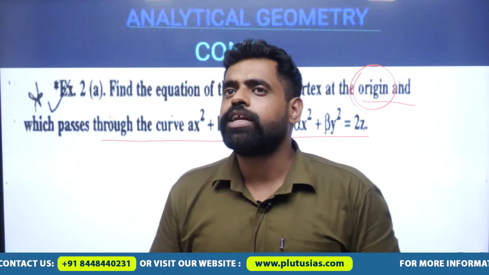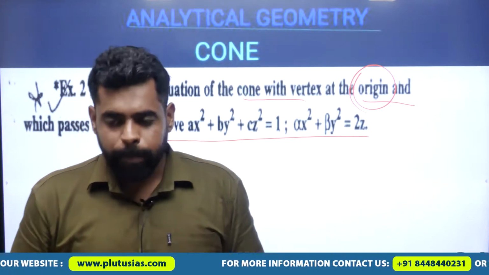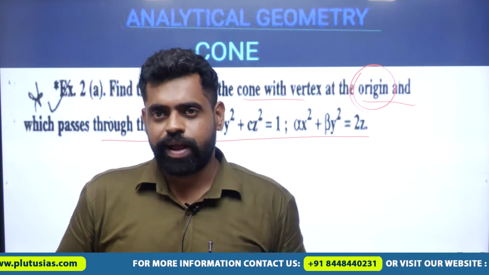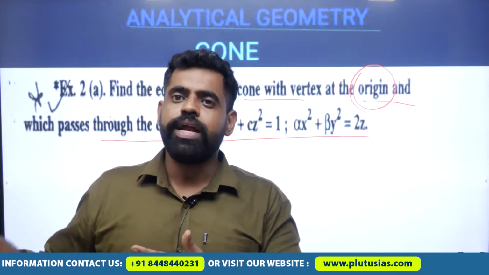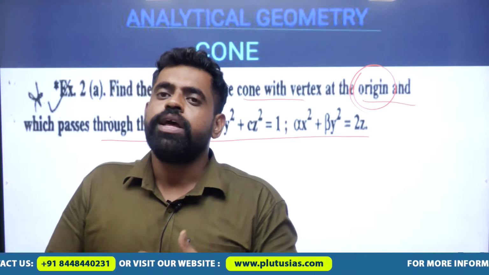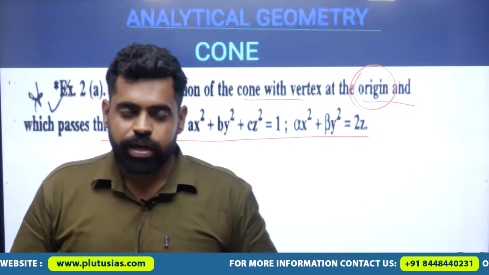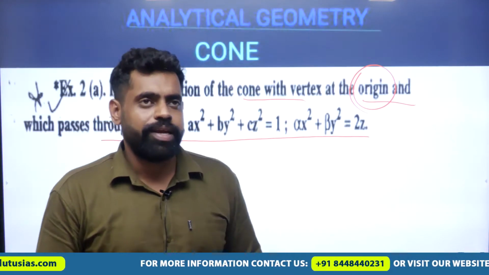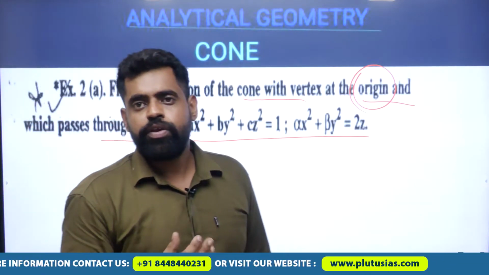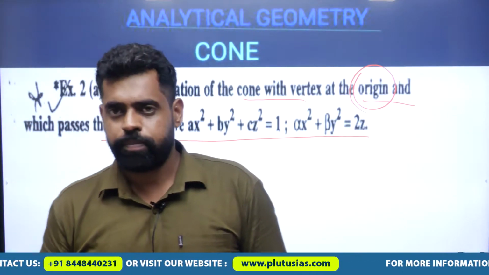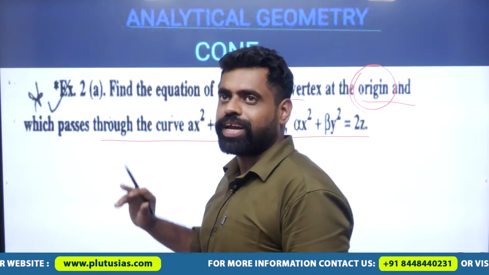I'll teach you how to make it homogeneous. If you have prepared for the IIT JEE Advanced examination, then in the coordinate geometry section we used to do this homogenization. But if you don't know, this is a very easy thing to do. You introduce a new parameter t and make this equation homogeneous of second order.